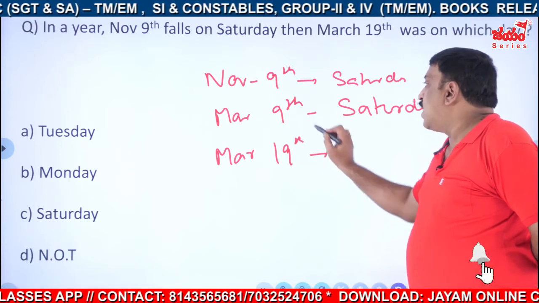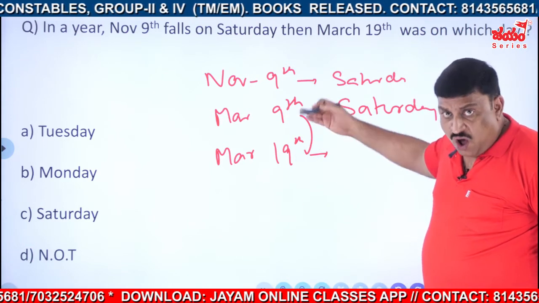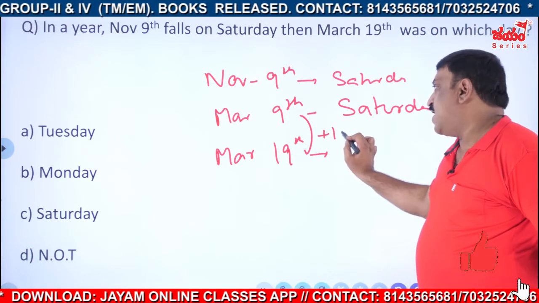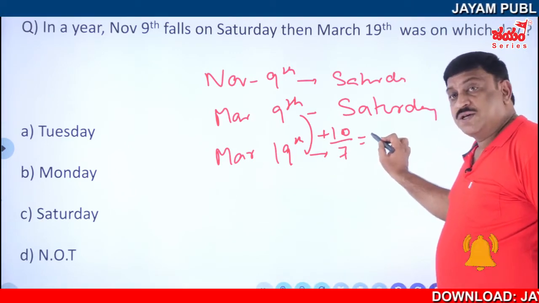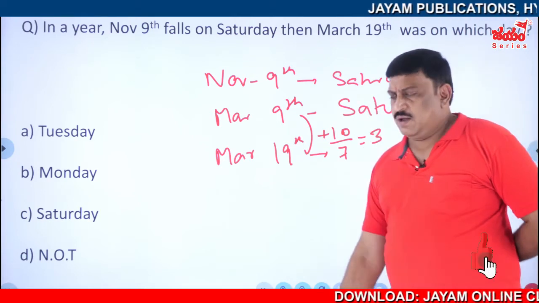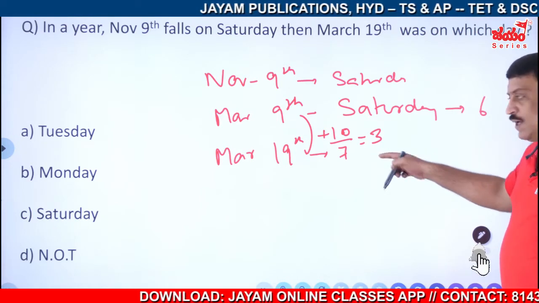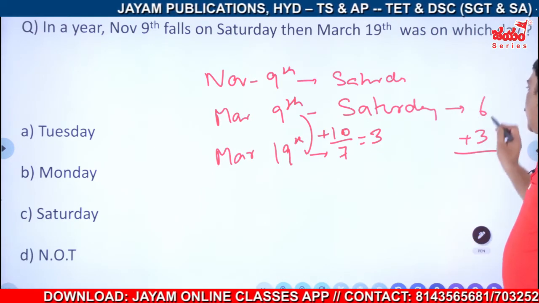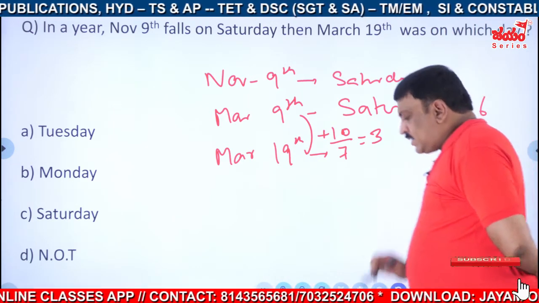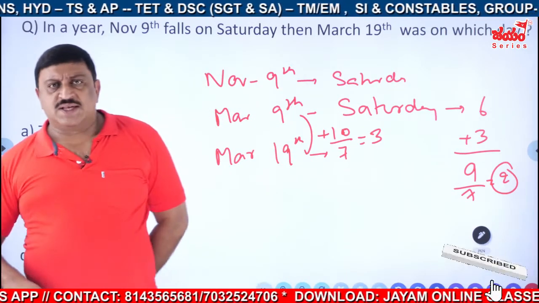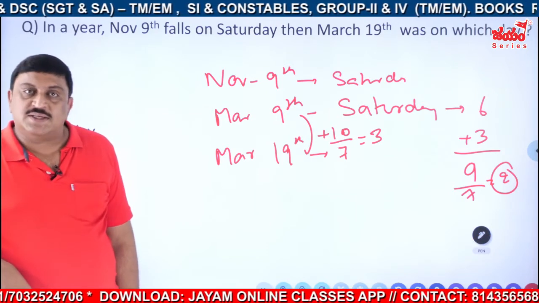March 19th means how many days before or after this one? March 19th is definitely after, right? So how many days after? 10 days after. So 10 days means how many odd days? 10 divided by 7 leaves 3, right? So Saturday's code is 6 and this is 3. So is it plus 3 or minus 3? Plus 3. 6 plus 3 is 9. Again divided by 7, that is 2. 2 is Tuesday only, because we considered it as the same calendar, it is that much easy.